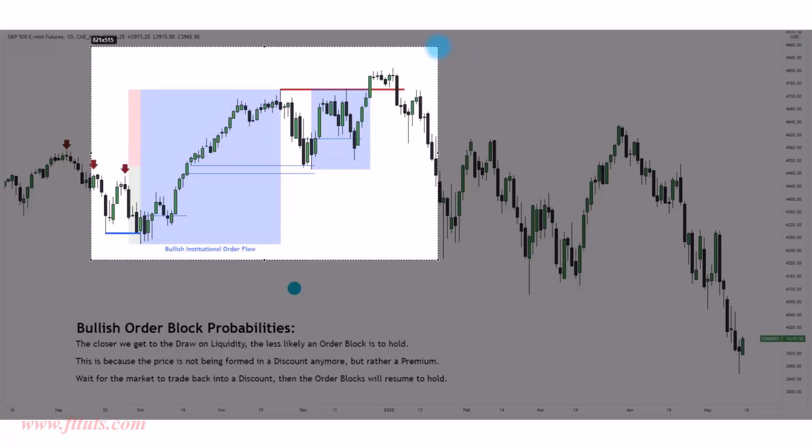Once the market has traded back to a discounted market here, the order block can resume holding. So here we've traded into a discount now. Then if a bullish order block prints, it's going to hold as usual. Now with bullish institutional order flow, what happens afterwards? Down candles produce displacement in price.